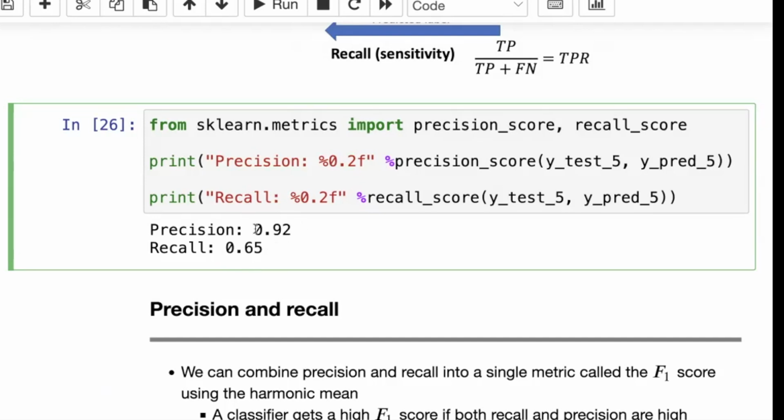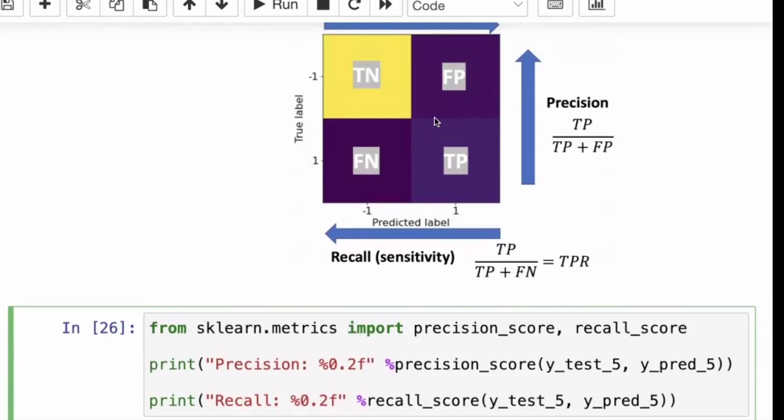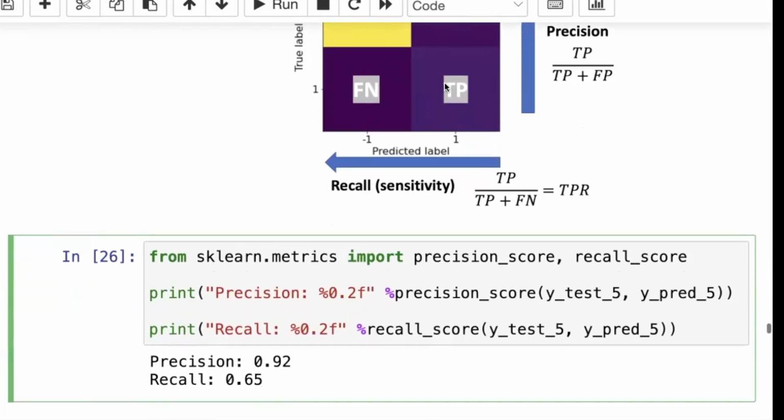And this tells us the problem here, right? We have a very good accuracy in terms of precision because we don't have many false positives, but we do have a lot of false negatives. So that's the issue here, having a lot of false negatives, which means that in this case, the denominator is significantly greater than the numerator, and that's why you get something like 0.65.